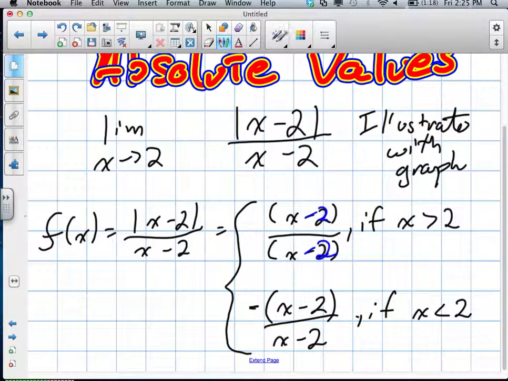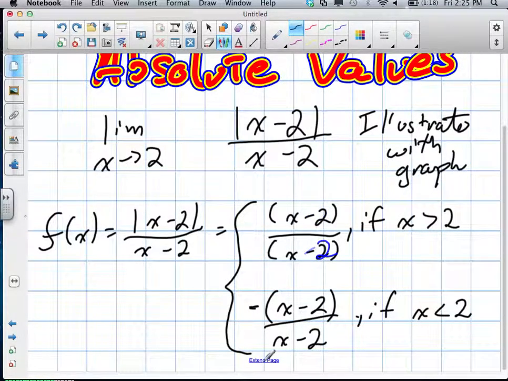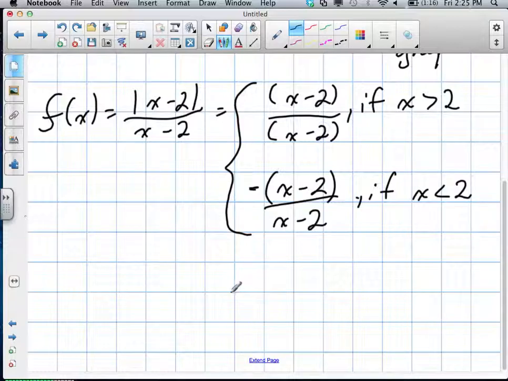So what that says is, for our absolute value, if x is greater than 2, then our value is essentially the number 1.